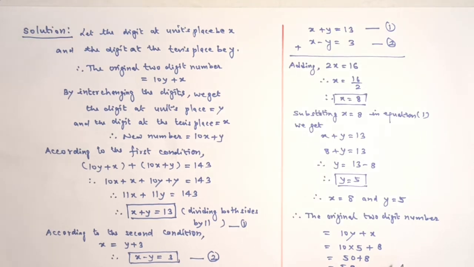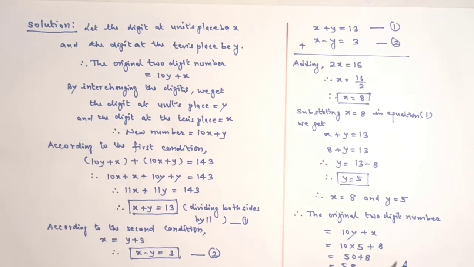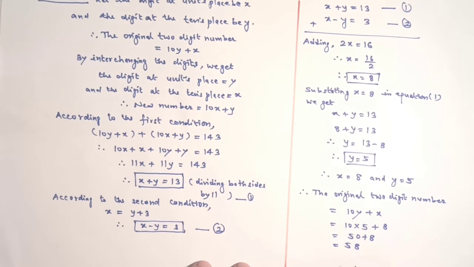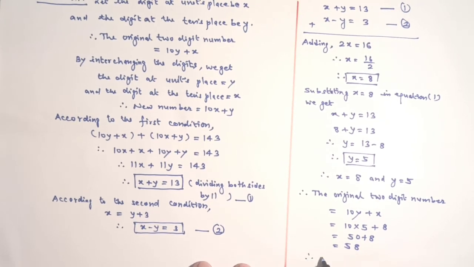Your answer is 58. You can write the answer. Therefore the original number is 58.